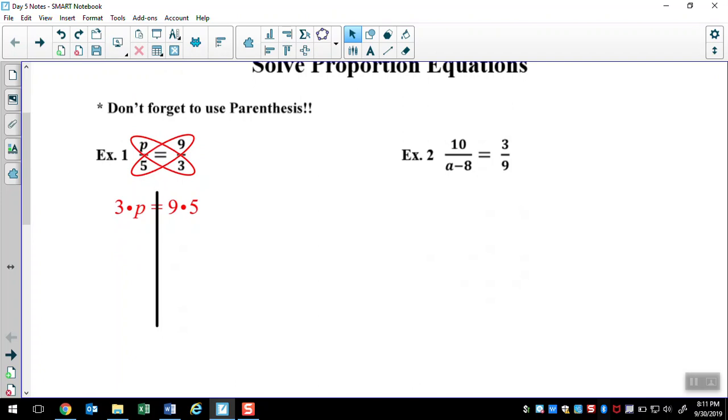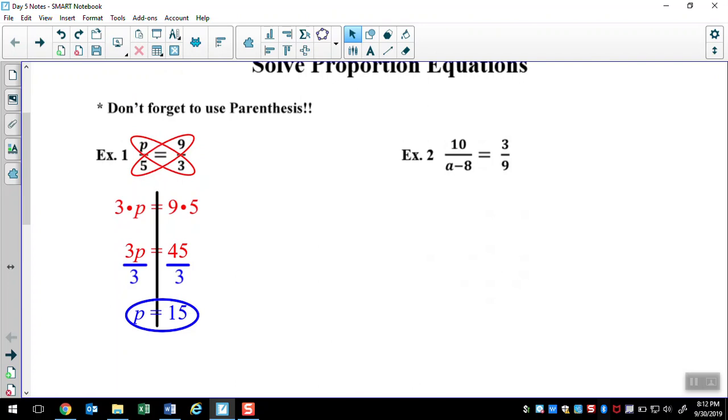Remember, our steps to solve an equation is first simplify both sides, then solve. So 3 times p equals 3p, 9 times 5 is 45. Now I can go ahead and start solving. So the inverse of multiplying is dividing, so I'm going to divide both sides by 3, and then we're left with p equals 15. Alright, so that was how to solve a basic proportion.